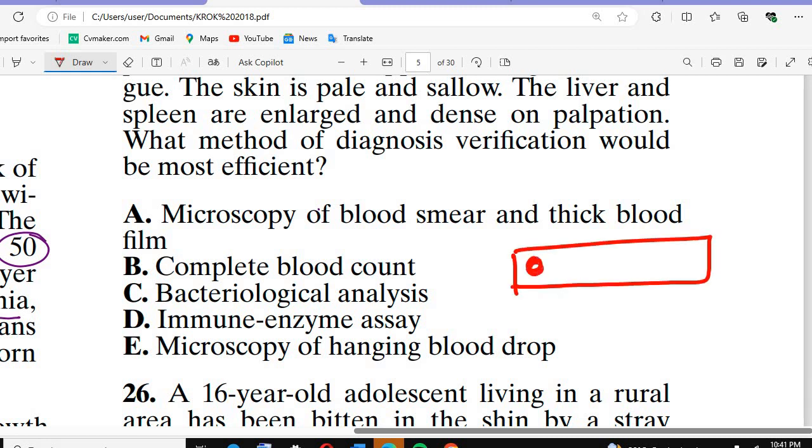On one side we take a thin smear and on the other side a thick smear. The thick smear differentiates between Plasmodium vivax and Plasmodium falciparum, and the thin smear checks the quantity of the Plasmodium.